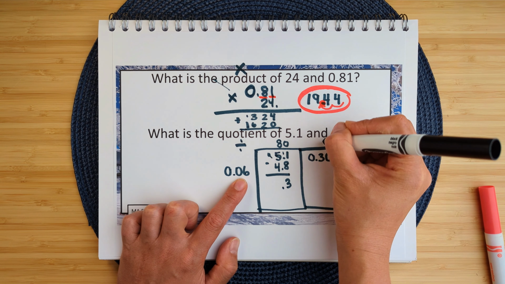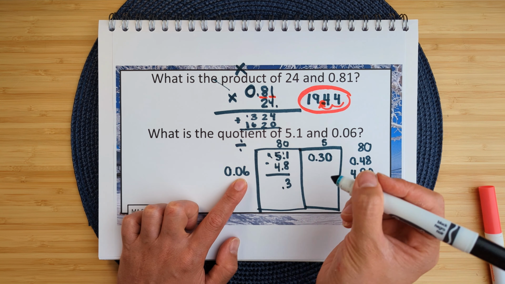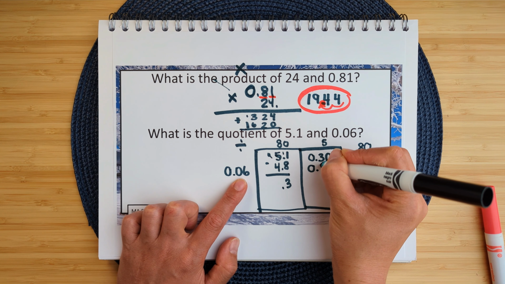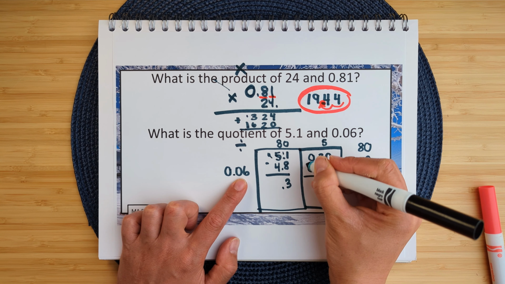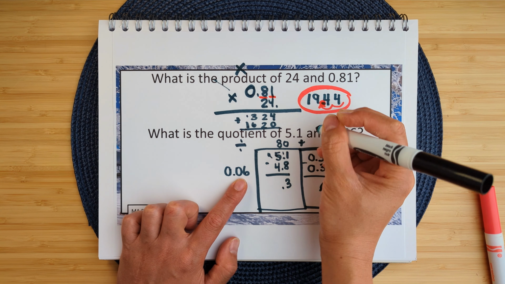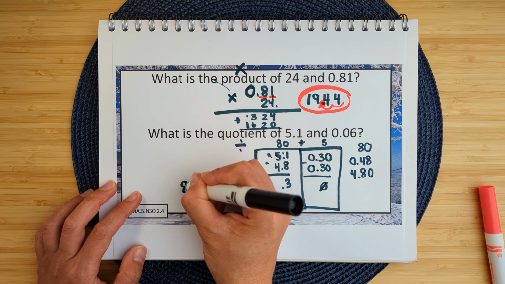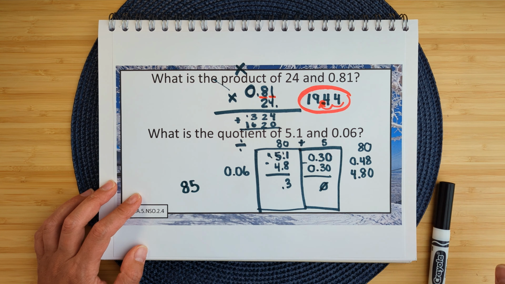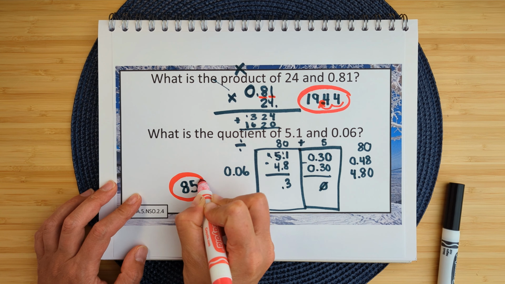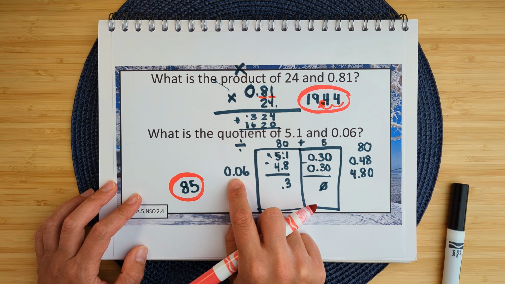And that one's pretty easy. It's just 5, right? So 5 groups of 6 hundredths. 5 times 6 is 30. 30 hundredths. Subtract. Add my two partial quotients up here, which is equal to 85, which is the quotient of 5 and 1/10 and 6/100ths.